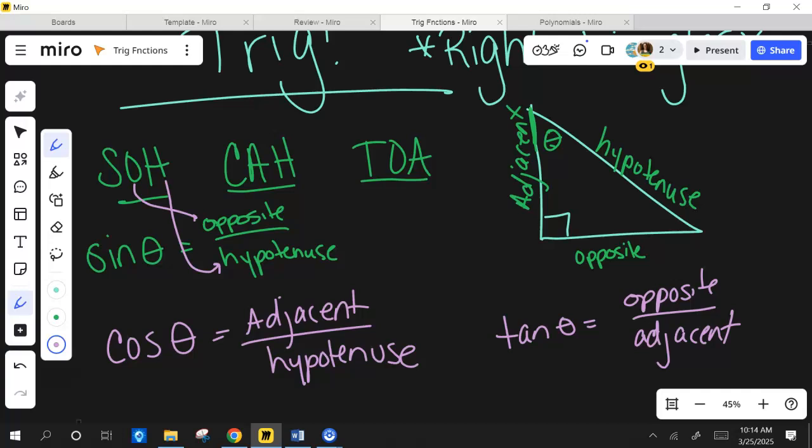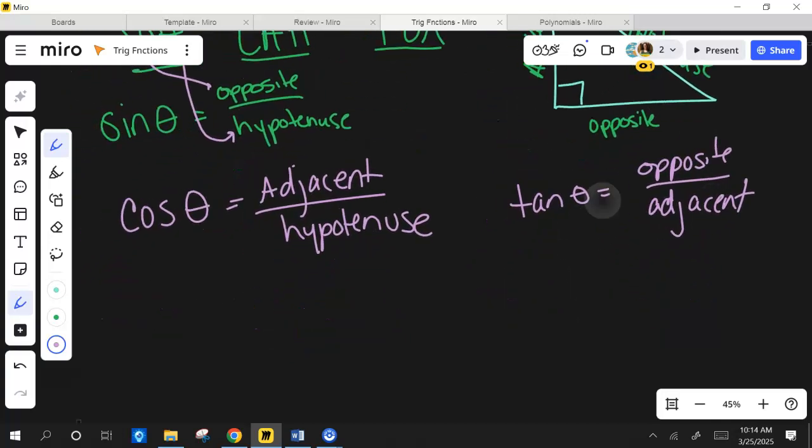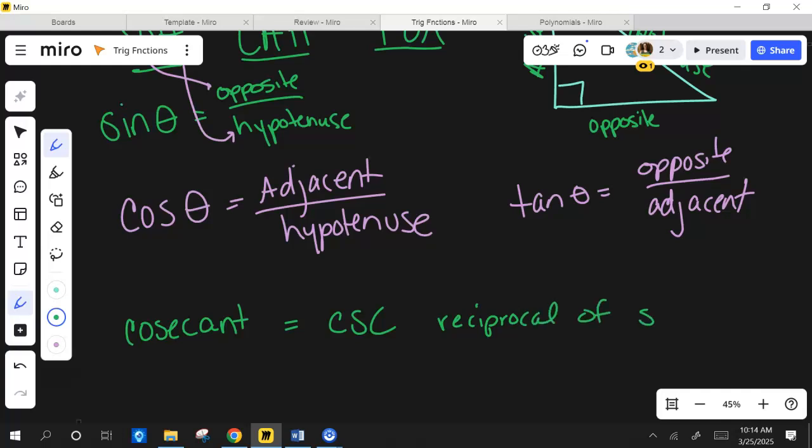But there's 3 more based on these that I need to show you, okay? Those are cosecant, which we abbreviate as CSC, okay? Cosecant is just the reciprocal, we call these reciprocal trig, the reciprocal of the sine function, okay?